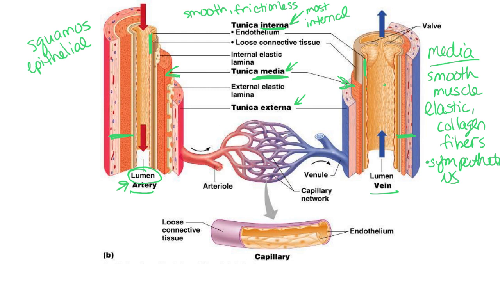So the sympathetic nervous system is going to control whether these vessels vasoconstrict or vasodilate. So let's break those words down a little bit and talk about what they mean here. The vaso part is vessel.